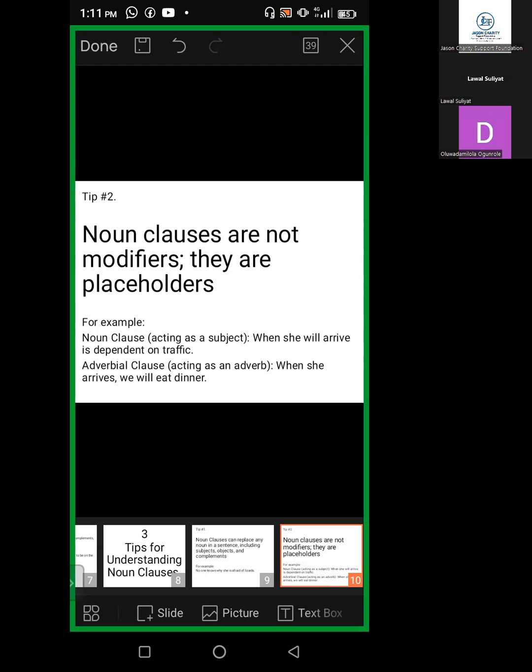Unlike adverbs that will tell you how an action was carried out, where an action was carried out, or when or what time an action was carried out, nouns stand in the place of carrying out the action itself. They are placeholders, not modifiers.